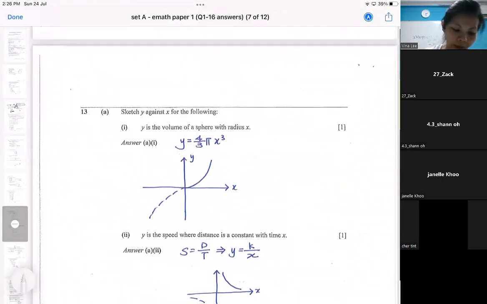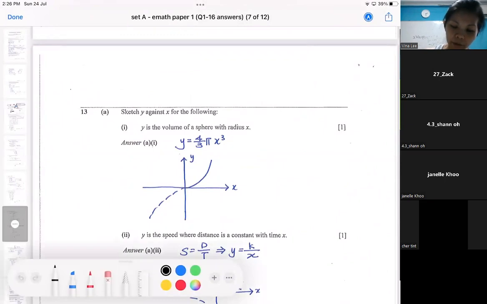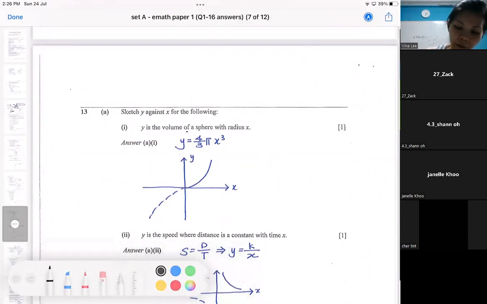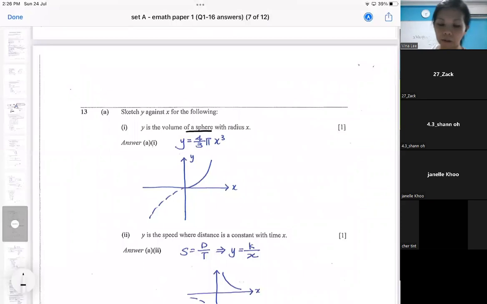You've got to look at the description first. In this question, it is the volume of a sphere and the radius is x. So you've got to make use of the volume of a sphere, and then you realize that that's a cubic function. This is the constant, and this is the cubic function.